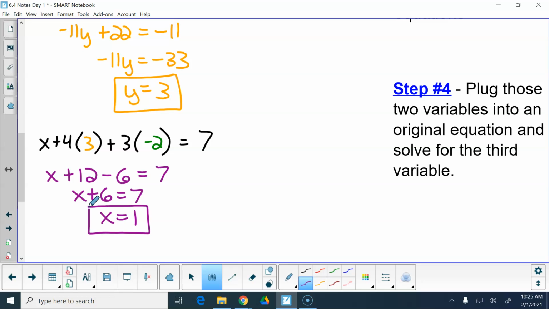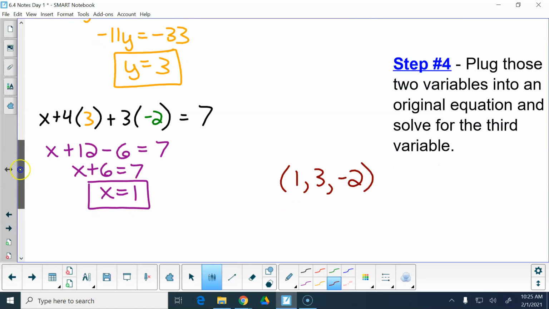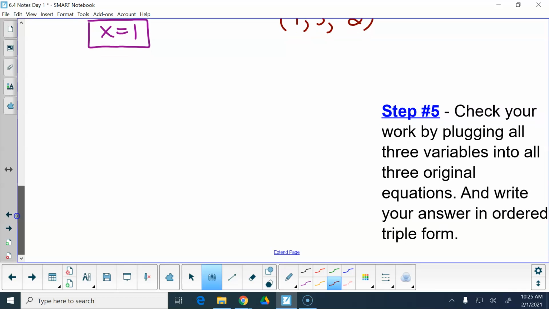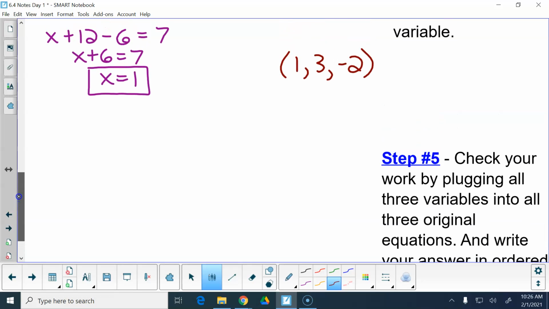X, comma, y, comma, z. Yep. So our possible answer is going to be 1, comma, 3, comma, negative 2. But what we have to do now is check our work by plugging that back into the equations, and then we've got our answer.